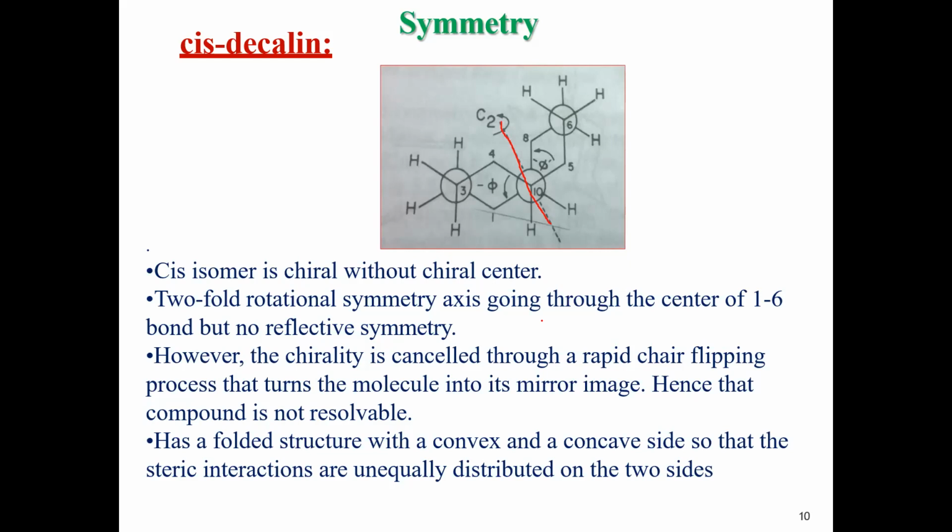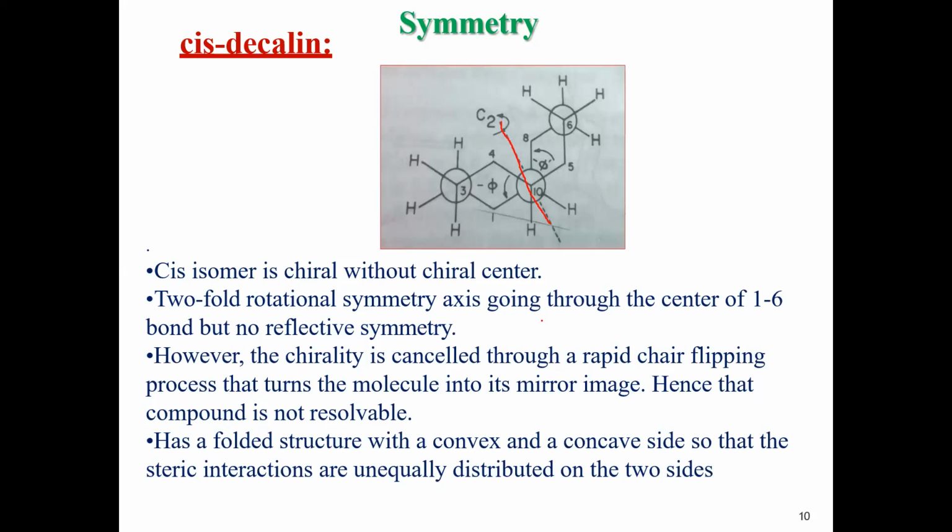Hence, the compound is not resolvable, because cis decalin undergoes ring inversion or ring flipping. The chirality of cis-decalin cancels via ring flipping or ring interconversion, and the compound is not resolvable.